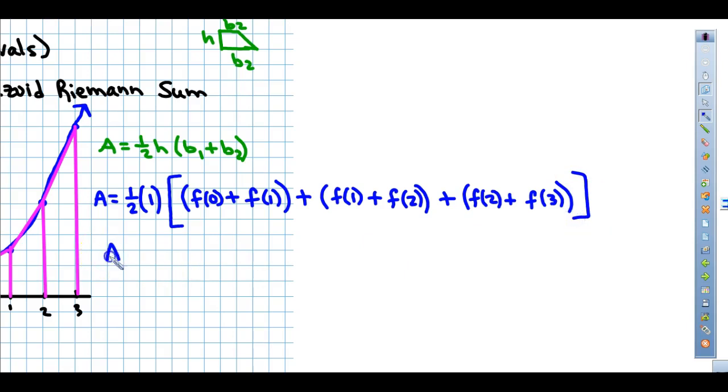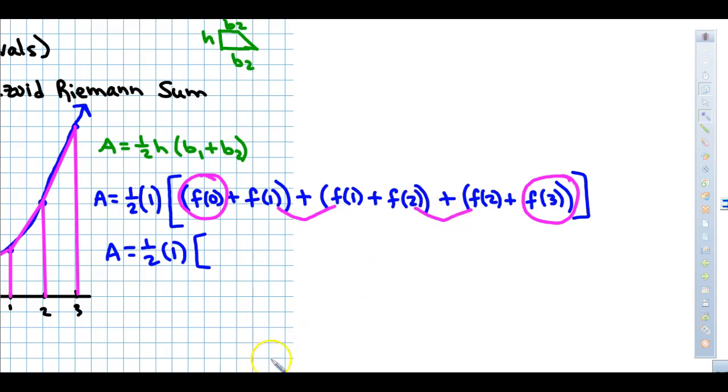Now, before we plug in those numbers, I want to show you something. All of this is being added together. Do you see how the endpoints of our interval were only used one time? I've only got f of 0 and f of 3 in there one time, but all of the middle segments got used twice.